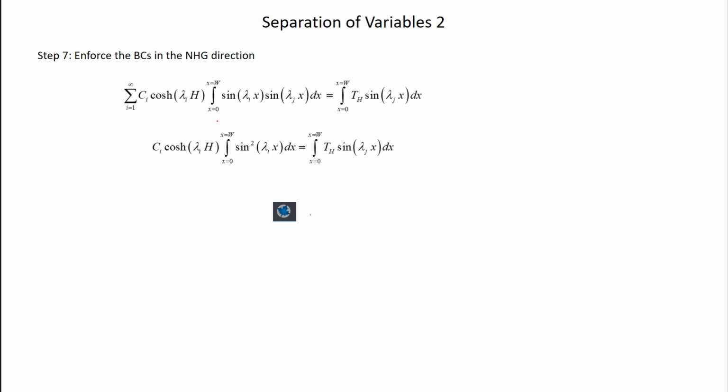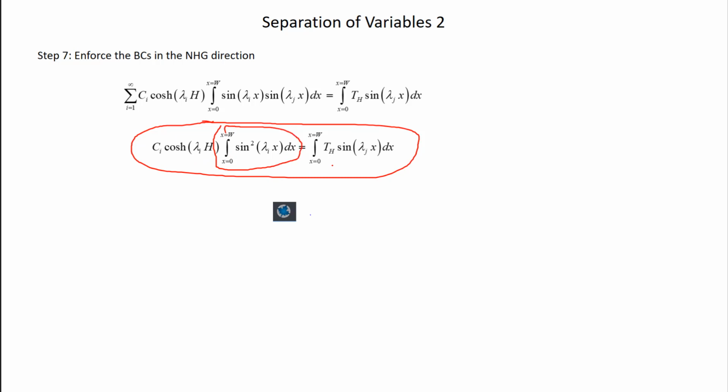In the end, what I'm going to get is ci cosh of lambda i times h times the integral of the eigenfunction squared, equal to the integral of whatever I had on the right side multiplied by that eigenfunction. I have to do some integration to actually solve the equation, but it's a single equation for every single constant in my series solution.